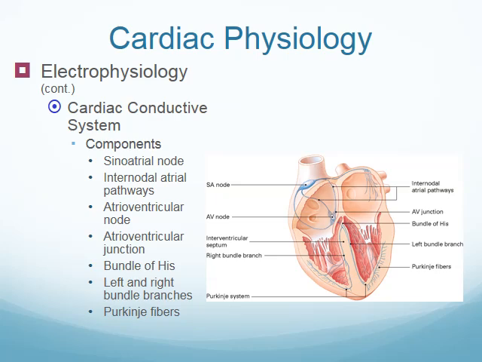There are several components to this electrical conductive system, and we're going to have to get into those, because as we look at our EKGs, we're able to determine certain things by what we see on it. And it's important to understand what you're really looking at whenever we start interpreting our EKGs, and to have an understanding of what's going on in the heart based on what we're looking at on the EKG.